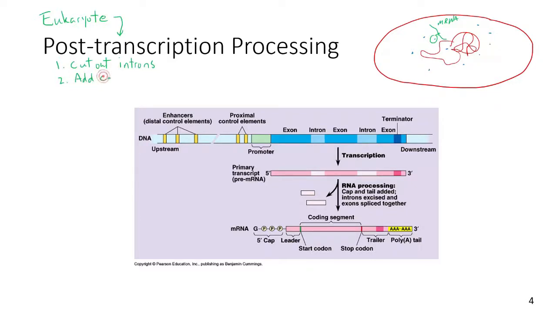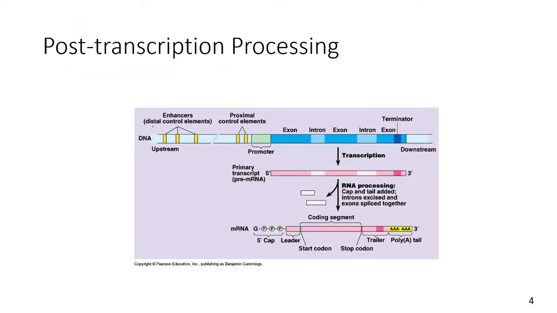So one is a cap at the 5' end, and then lastly we're going to add a tail at the 3' end. And all of these lead to stability so that the mRNA can stick around longer and make proteins continuously. So let's take a look at this.